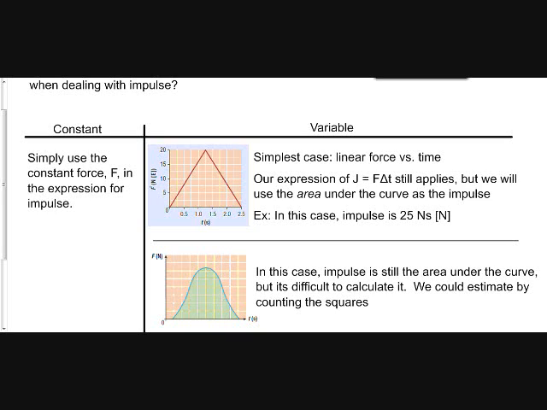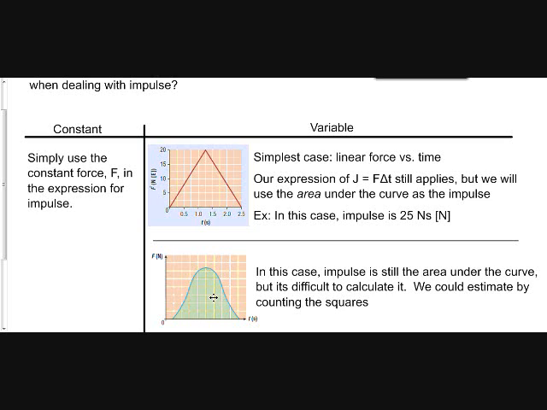Again, I don't think you get this far in high school calculus anymore, but there is actually a way to calculate the precise area using calculus ideas, and you could ask either Mrs. Hill or Mr. Gilmore to give you an intro into that, but it's something called integration. And we could actually figure out exactly what the impulse is if we knew what sort of shape this curve was. What we also can do is just estimate it by counting the squares. So how many squares are fitting under this curve, and there's our impulse. And that would get us a pretty good approximation, and good enough for us right now.